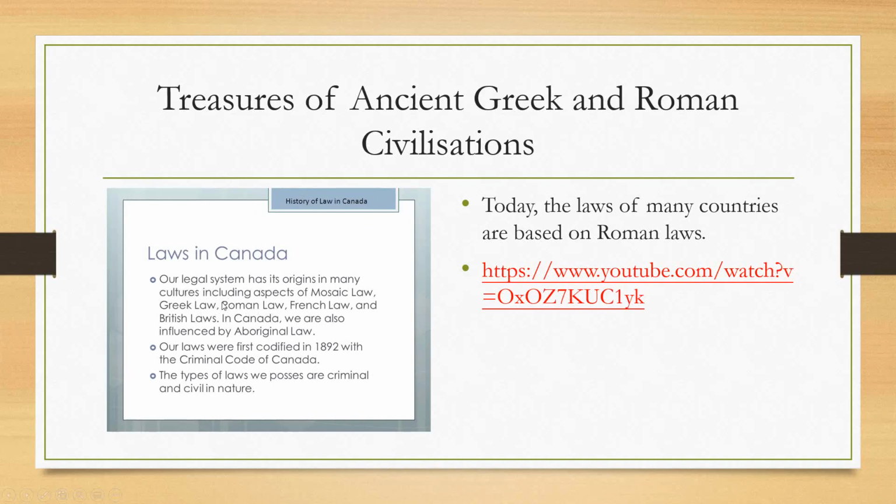The Roman law would be one of the origins of Canadian law. And here you may also refer to a YouTube video prepared by an Englishman, which introduced the concept of rule of law. In the video, he also talks about one very important source of British law, which is the Roman law.